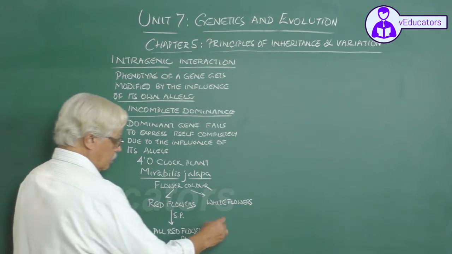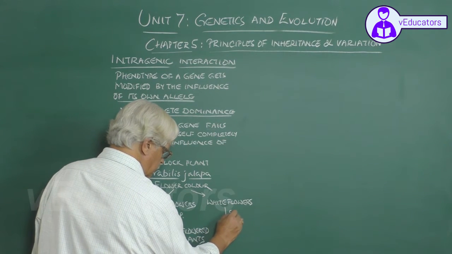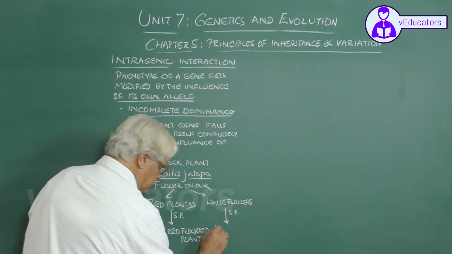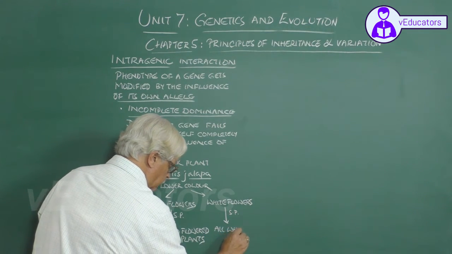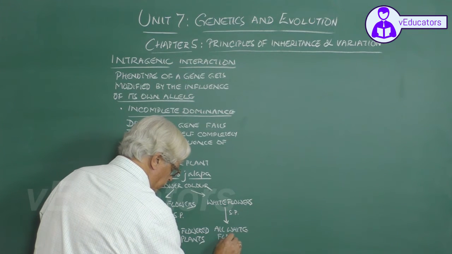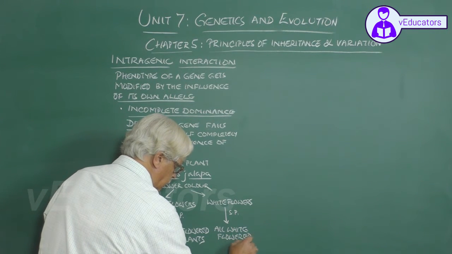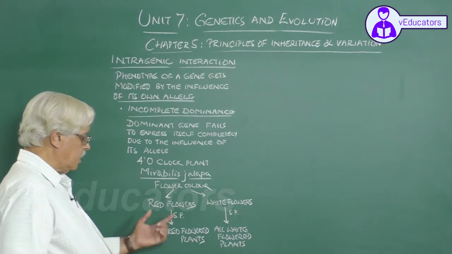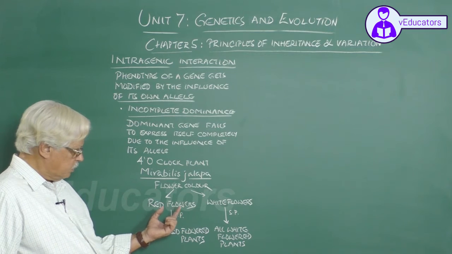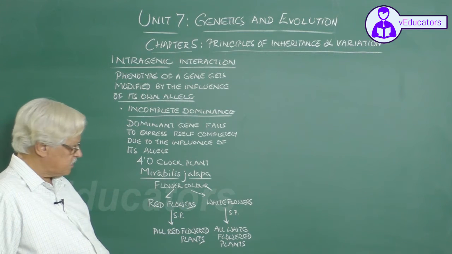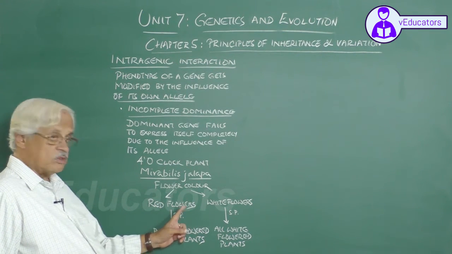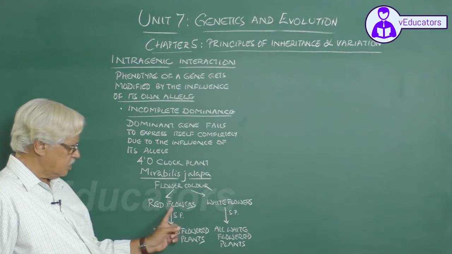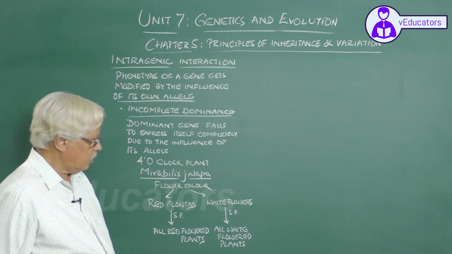Similarly, white flowered plants undergoing self-pollination produce only white flowered plants. In other words, red flowered condition is a pure breeding condition, or to be more specific, it is a homozygous condition. Similarly, white flowered condition is a homozygous condition.